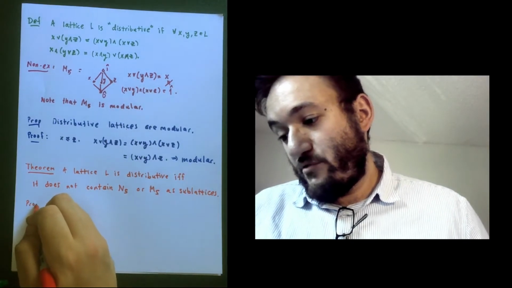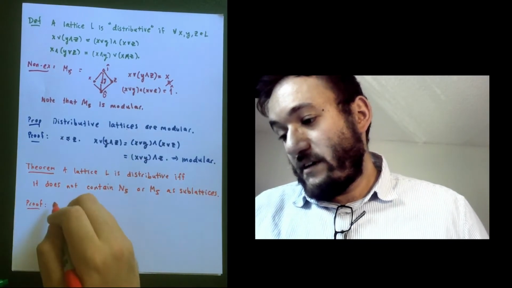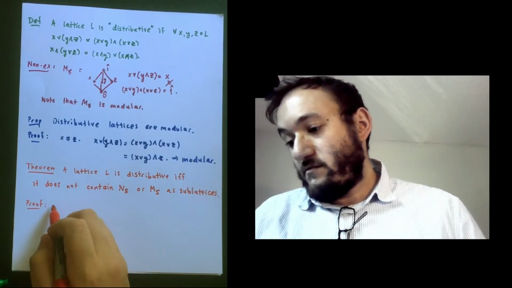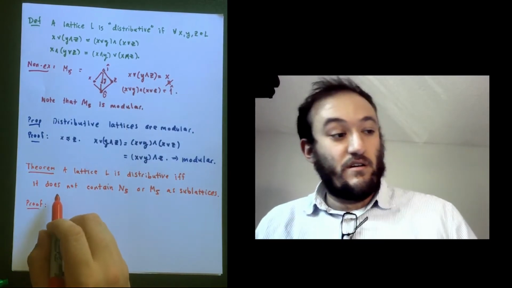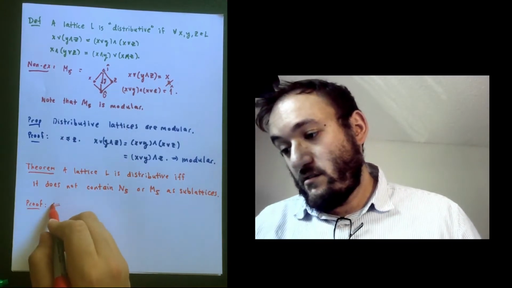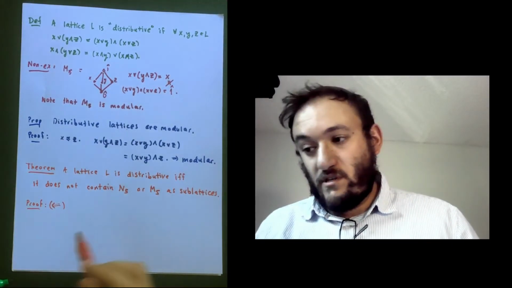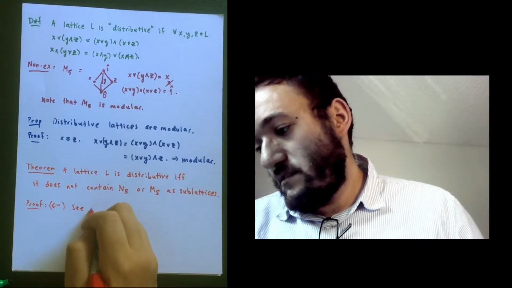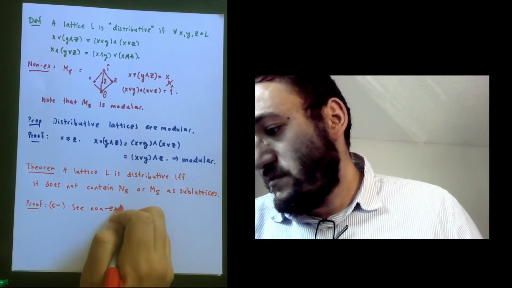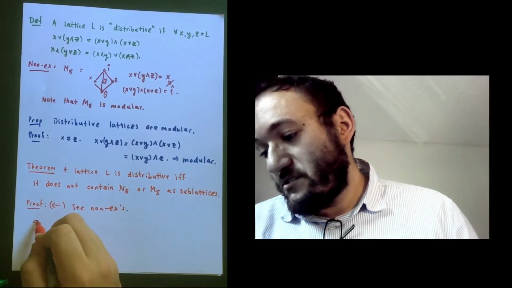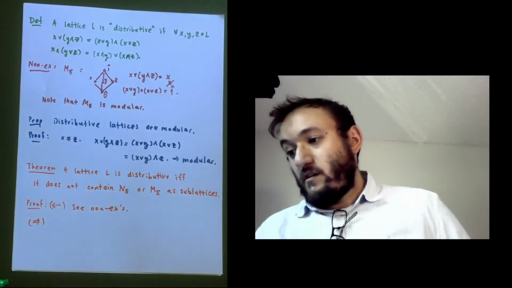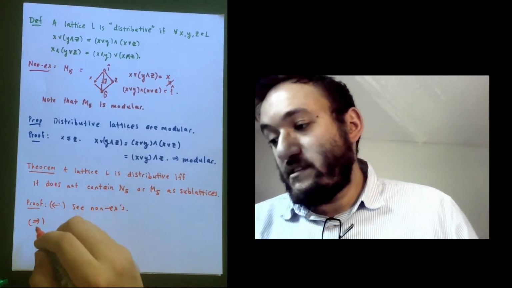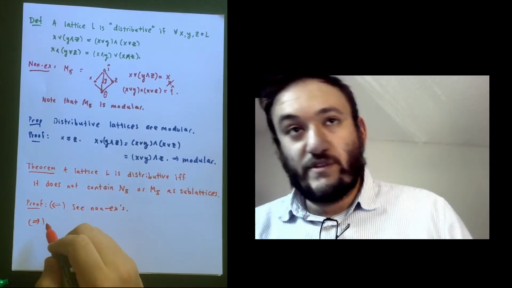And to do a quick proof, okay, so clearly, just as before, going in one direction is easy, see the non-examples. Going the other direction is tricky. So let's assume it's not distributive. So there are two cases.